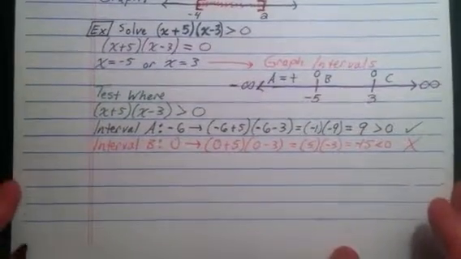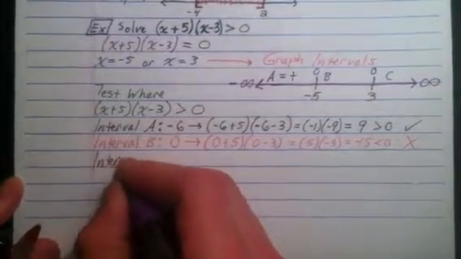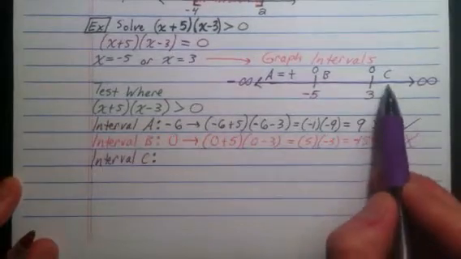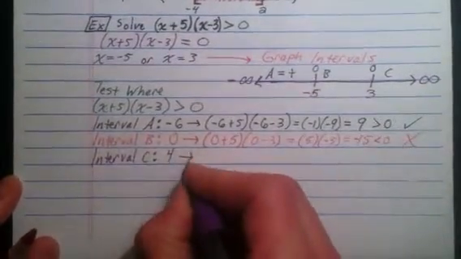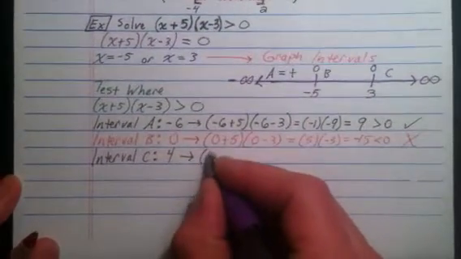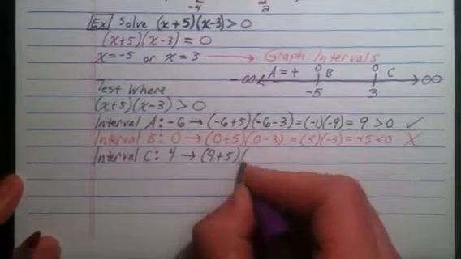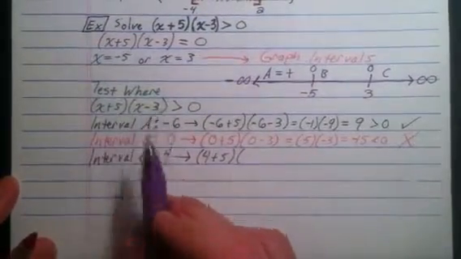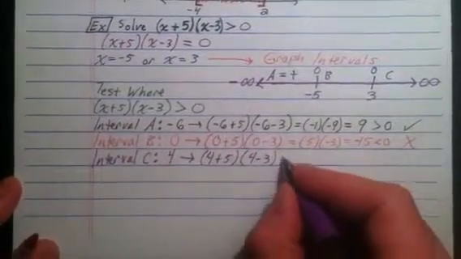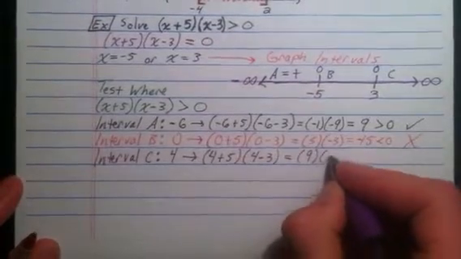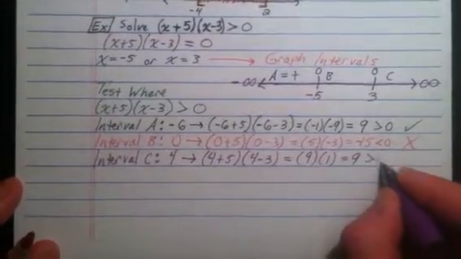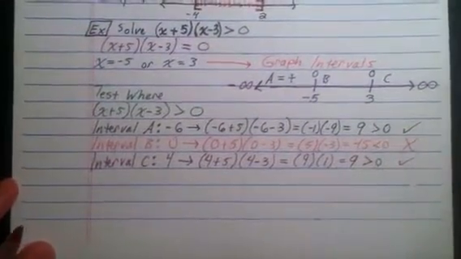Lastly, we need to check interval C. Any number to the right of 3 on a number line works, so we can use 4. We have 4 plus 5 in the first parenthesis, then 4 minus 3 in the second parenthesis. It gives us 9 times a positive 1, which equals 9. 9 is greater than 0, so that checks as well.